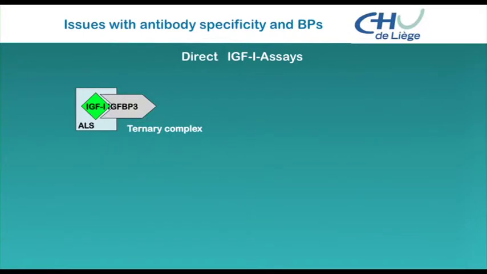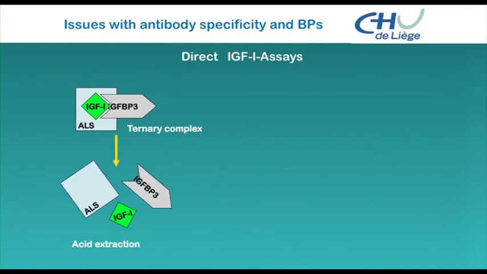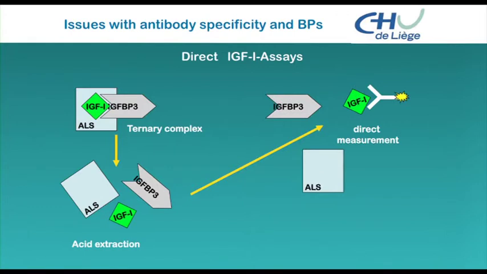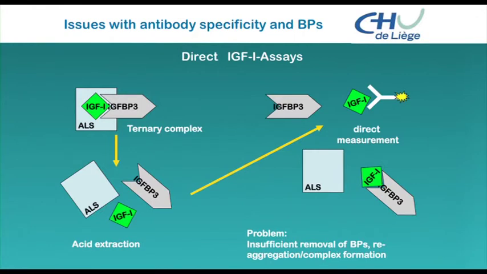So now we try to separate the IGF-1 with an acid extraction, and you separate the IGF-1 from the acid-labile subunit and the IGF-BP3. And then you measure the IGF-1 directly. But if there is IGF-BP3 that has not been removed, you will have an underestimation of your IGF-1 value, because this IGF-1 will be captured by your IGF-BP3.